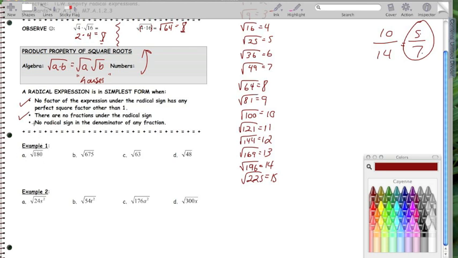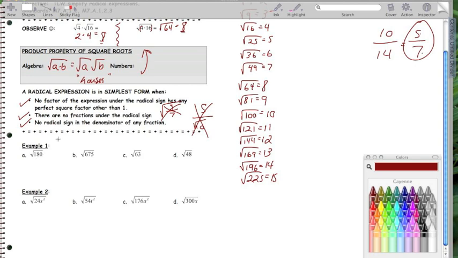And there is no radical sign in the denominator. You don't have like 5 over the square root of 10. You can't have that. No square root under the denominator. You can't have 5 over 7 inside the square root. In the end, none of that's good. And here you can't have anything that can be simplified any further.